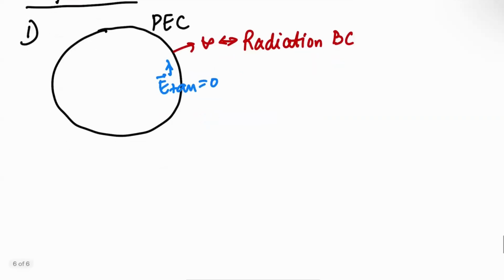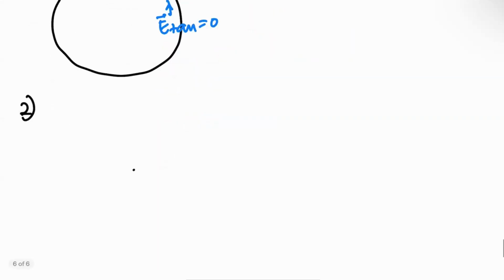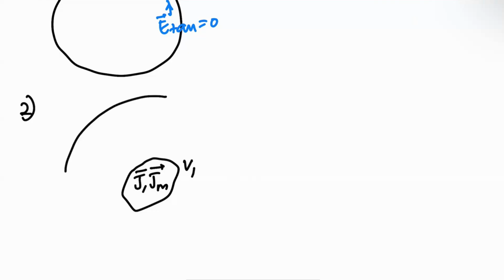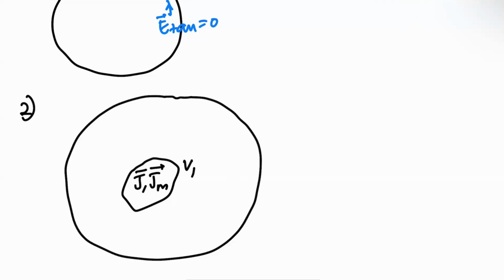All right, so another implication is this. Let's say I have some sources, J, JS or JM, in some medium, and I bound that by some volume V1. We have another bounding volume V2, and I'm looking at the space between these two volumes.